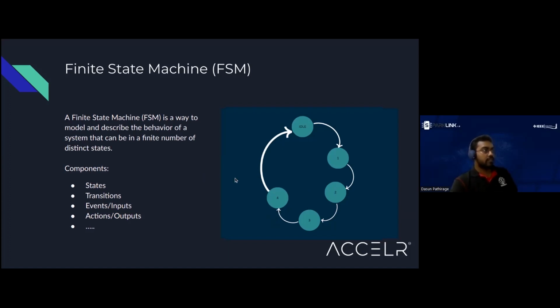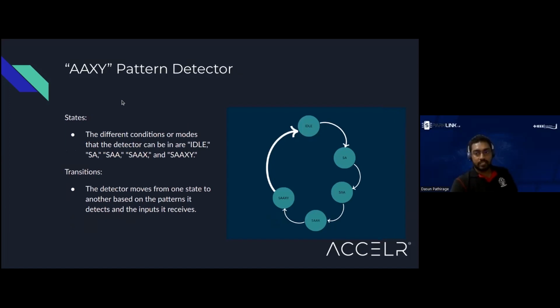Now I will take an example. This is the example that we are going to implement in Verilog today and run in EDA Playground. We are going to build an AAXY pattern detector. We receive an input stream of characters.